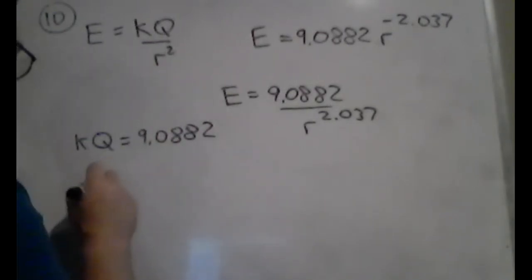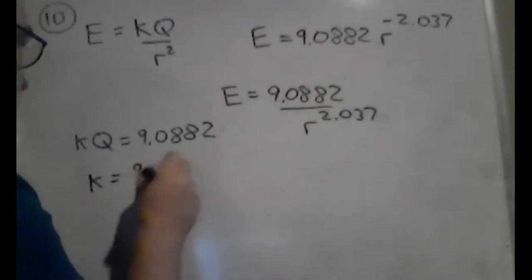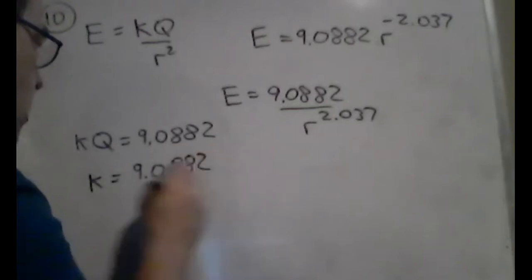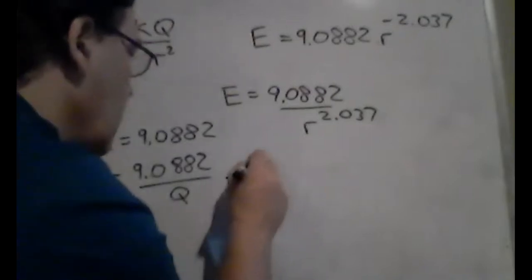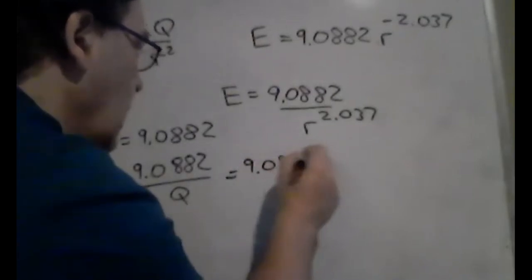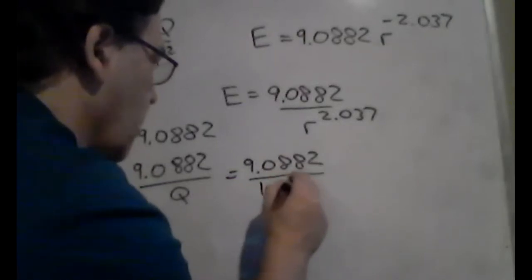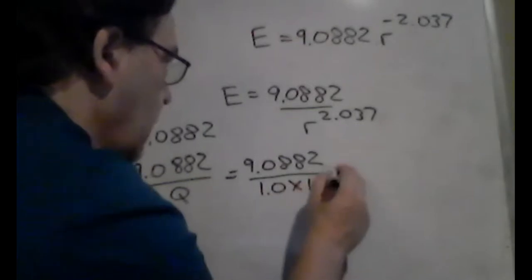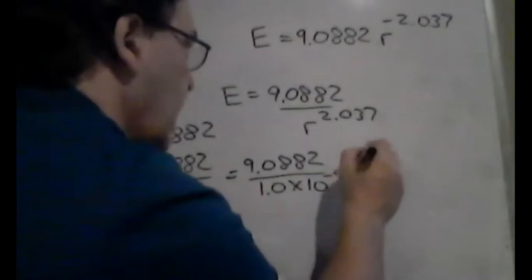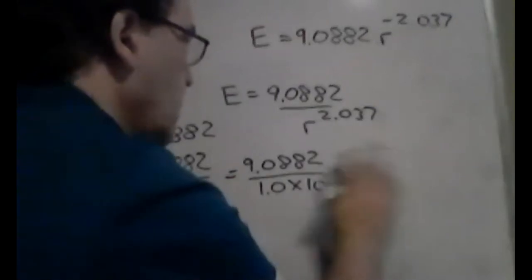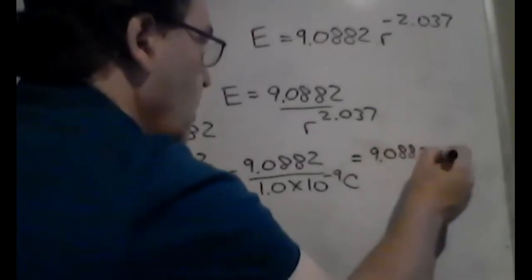Well, K would be 9.0882, these are my numbers, divided by what I call my source charge Q. My Q, magnitude-wise, was 1.0 times 1 nanocoulomb, right? 10 to the negative 9 coulombs. Well, that's really easy math. That just tells me that my K value is simply 9.0882 times 10 to the 9.